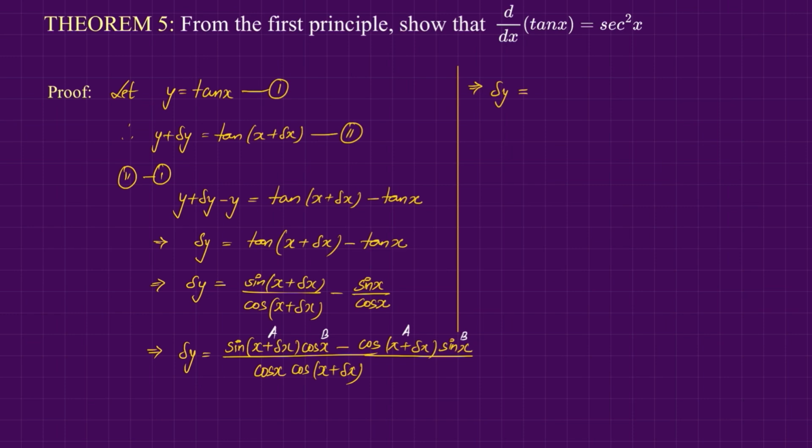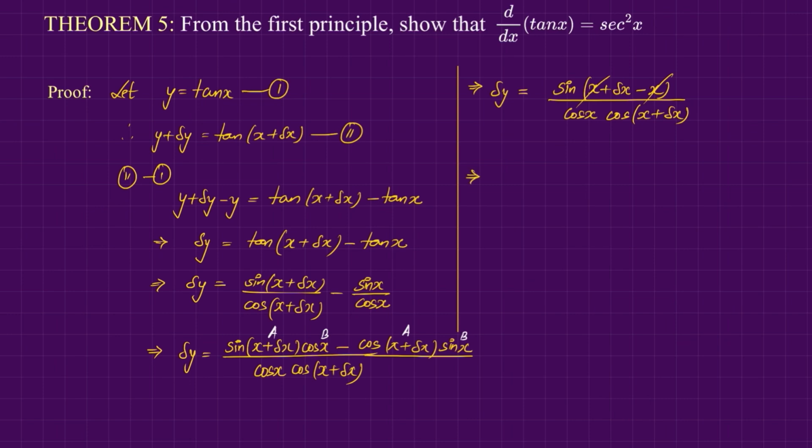Now this is the formula for sine of a minus b, so the numerator will be sine of a minus b, where a means x plus delta x and b means x. Okay, whole divided by cos of x into cos of x plus delta x. So here x and x get cancelled.